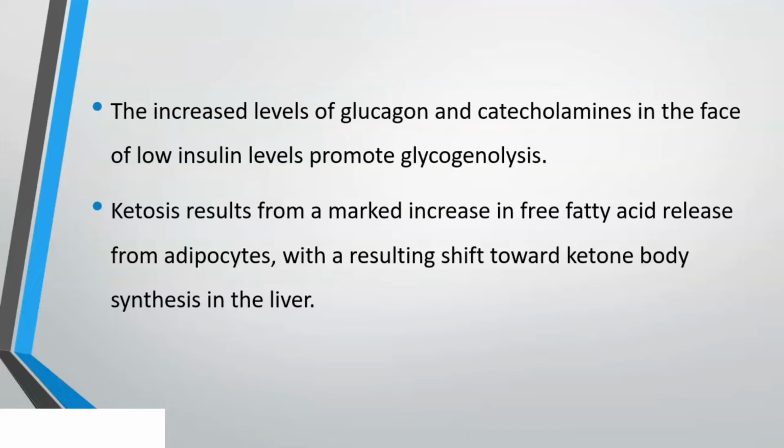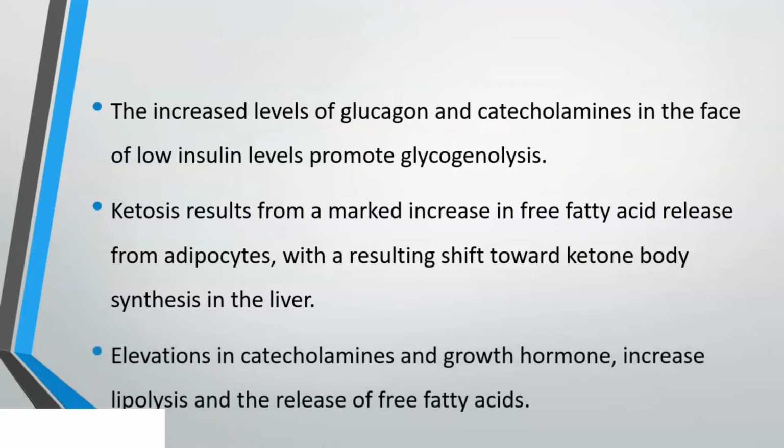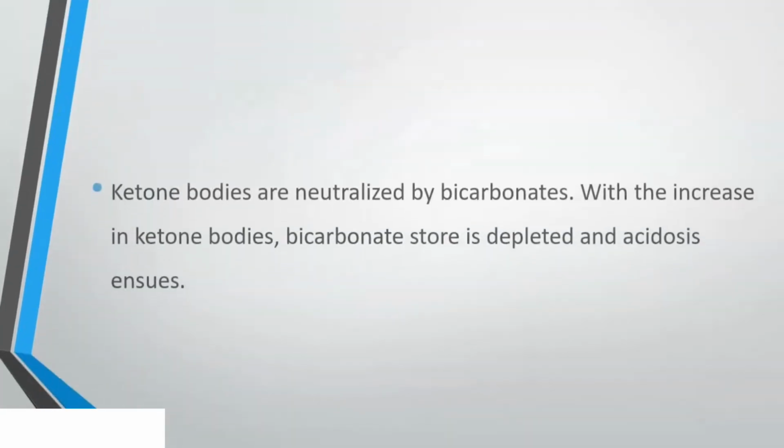So with the excess counter-regulatory hormones, the glucagon, the catecholamines, and then the decreased insulin level, you have the body producing more fatty acid, more ketones, and ketosis results in the body. Elevations in catecholamines and growth hormone increase lipolysis and the release of free fatty acids.